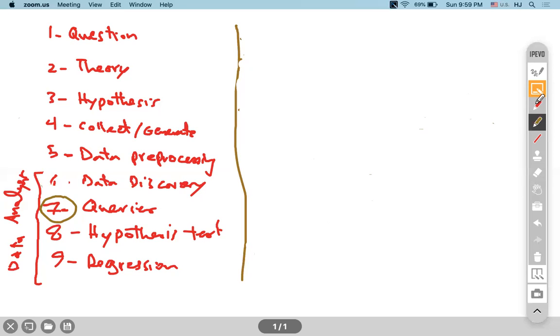So you can find the mean of a certain column x, or you can find the median. You can use the function median to find the median of a certain column x. You can use the standard deviation. You can calculate the variance of a certain column x from the data set which you have.